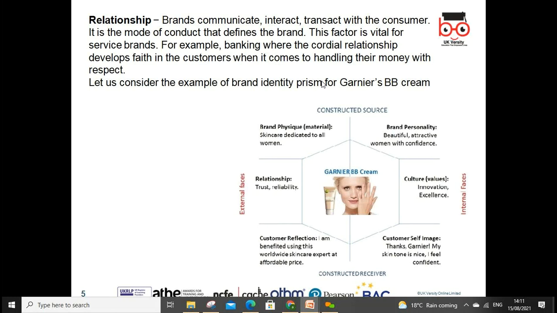So we can look at the construct. Brand psyche: skincare dedicated to all women. Brand personality: beautiful, attractive women with confidence, culture, innovation and excellence. Customer self-image: "Thanks, Garnier, my skin tone is nice and I feel confident."